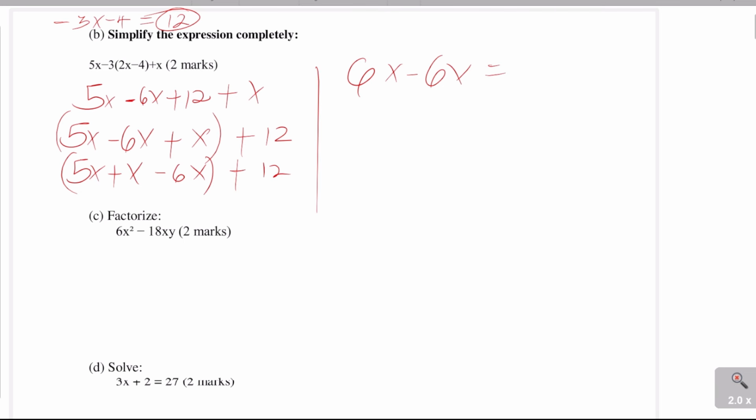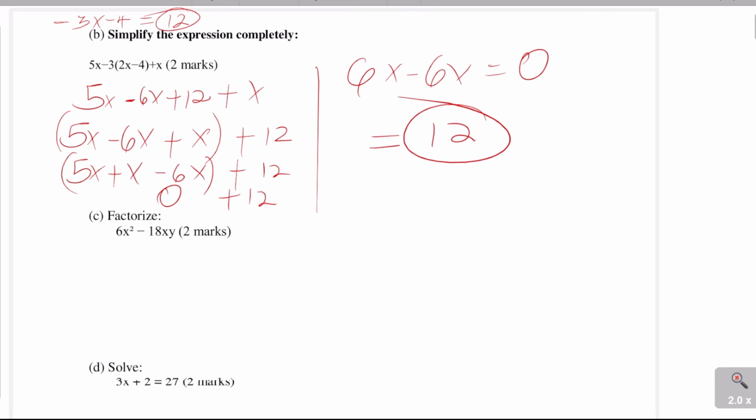So you simply leave that as 0. So 0 plus 12, the answer here will be 12.